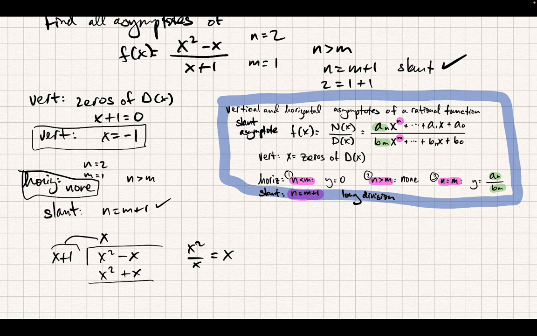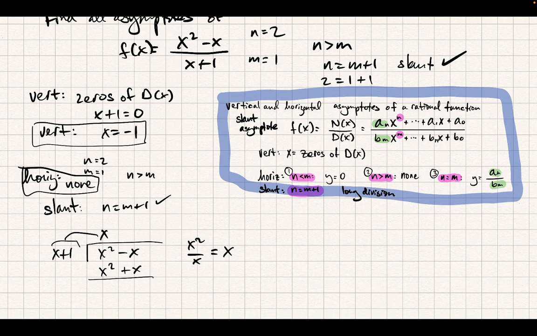This is an error that I keep finding: people find how x plus 1 goes into the polynomial the first time by dividing the first terms. They get an x, put it on top, multiply the x as they should, write this here, and then subtract like this.